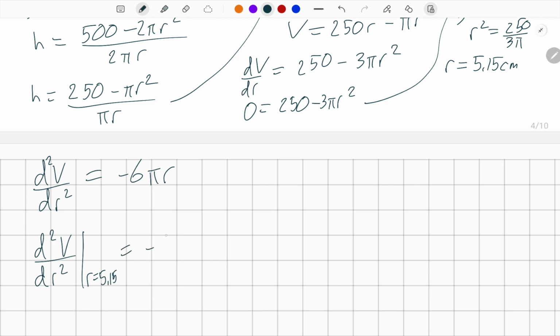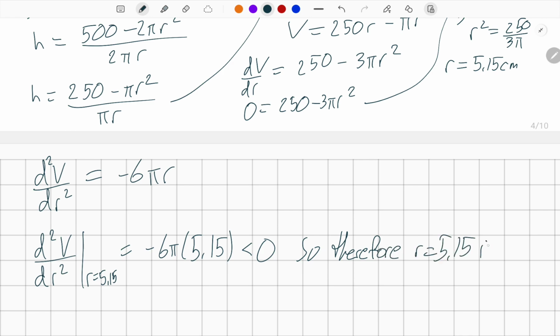And if you do that, well, in this case, I don't even really need to do the calculation. A negative number times pi times 5.15 is definitely going to be less than 0. So therefore, r equal to 5.15 is a maximum.